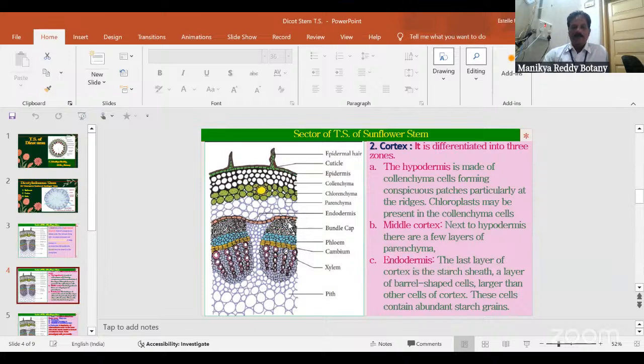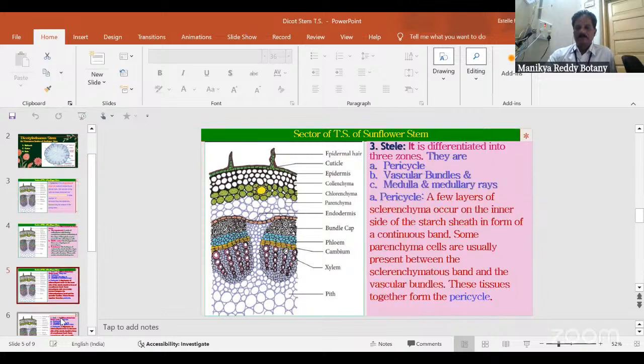In primary dicot stems, the endodermis stores a large number of starch grains. Since the cells contain a large number of starch grains, the endodermis is also called the starch sheath. This is the starch sheath.